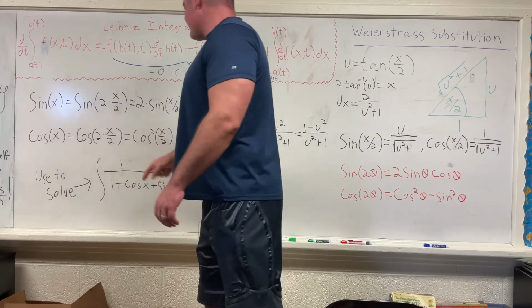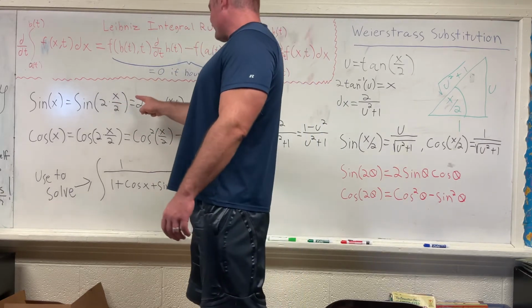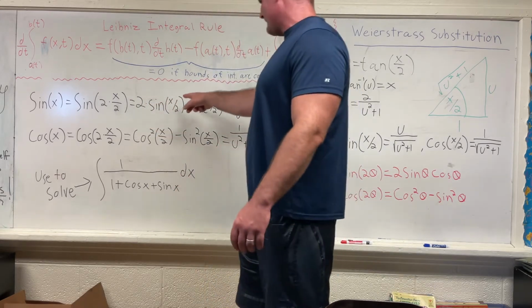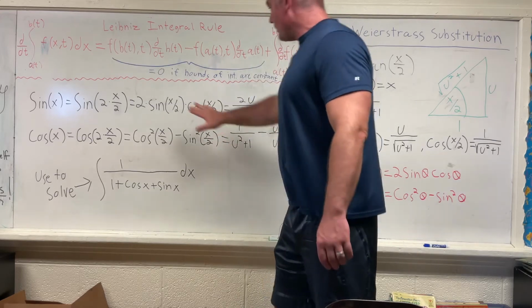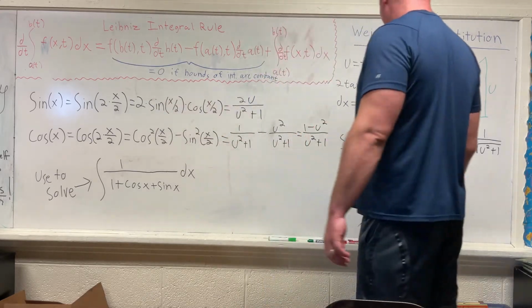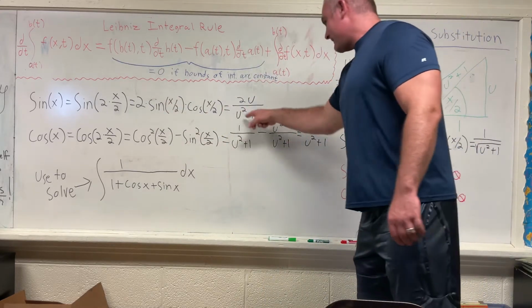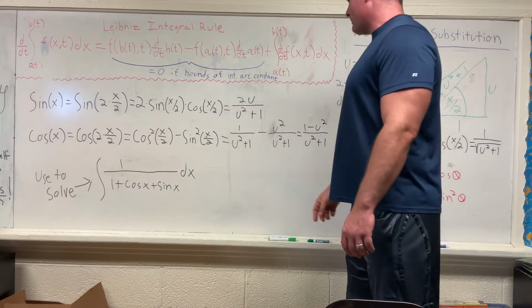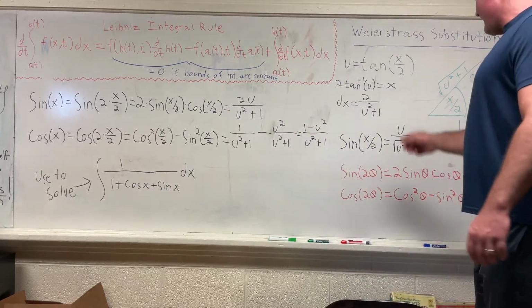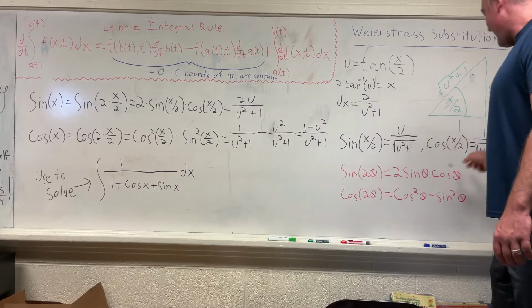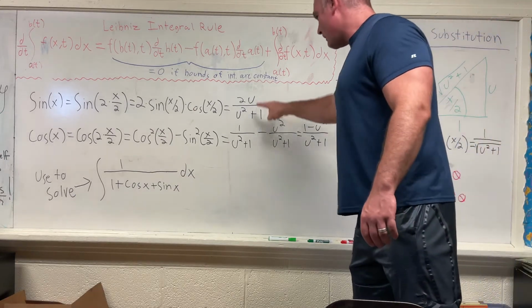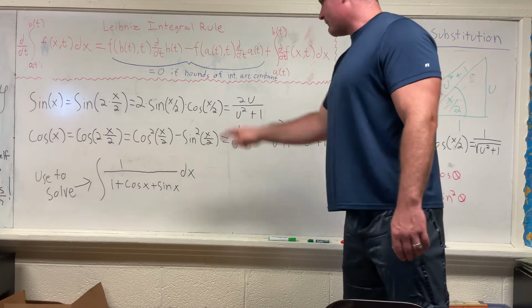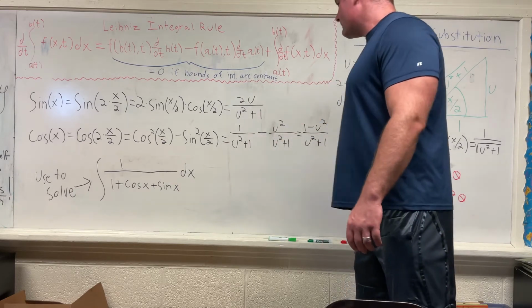So that'll give us that sine of x is equal to 2 times the sine of x over 2 times the cosine of x over 2. Well, we know these two things, and if you multiply them together, you get this. Of course, it's 2 times that. So if you multiply sine of x over 2 times cosine of x over 2, you can see that you'll get u over u squared plus 1, and then of course you have the factor of 2.